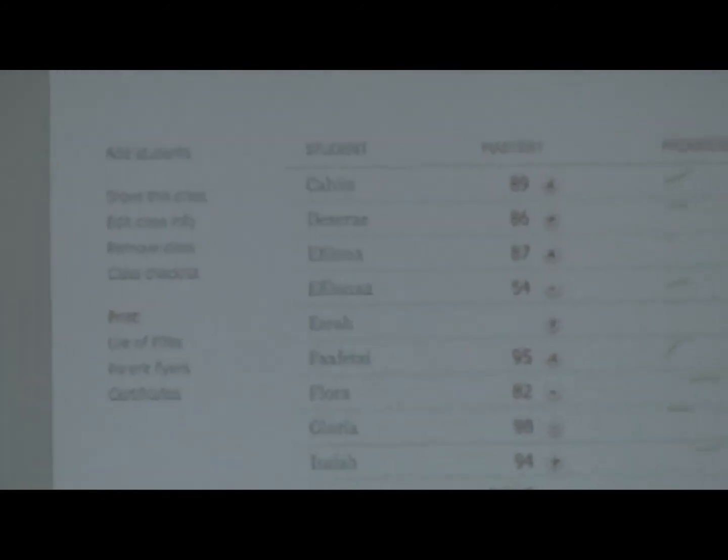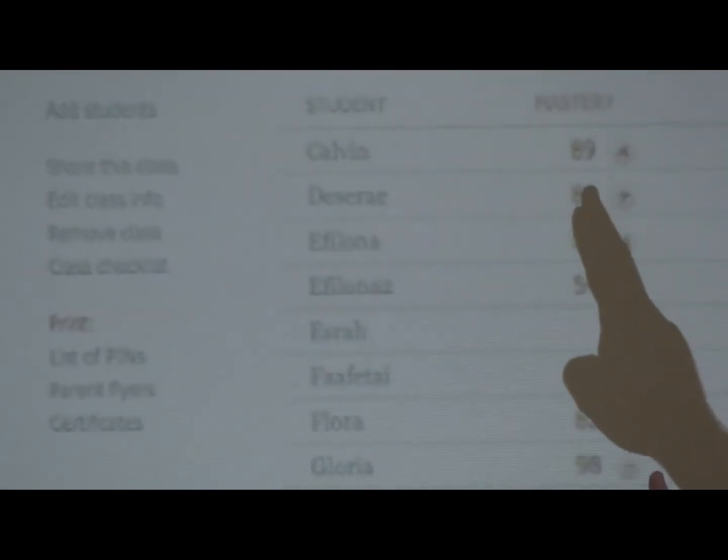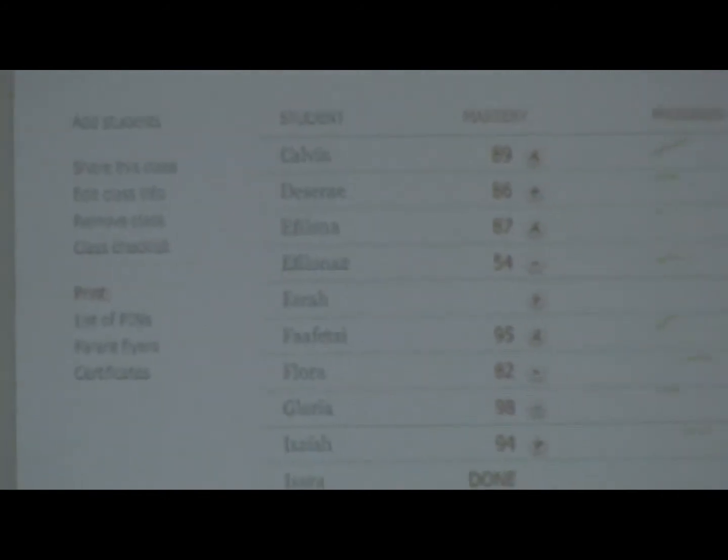So they have 3 seconds to respond before it moves on to the next question. It gives you a report on mastery. Calvin is at 89% mastery in multiplication. DJ's at 86 in division. Once they've mastered the 3-second recall, the program resets and you move them to a 2-second recall and finally a 1.5. And that all sounds really good, except for this year.